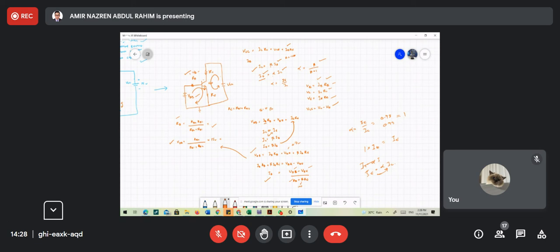Dia memang selalu akan assume IC lebih kurang equal to IE, sebab alpha tu nearly to 1. Bila darab dengan lebih kurang 1 tu dia akan dapat value yang sama. Okay, thank you. Okay, welcome.